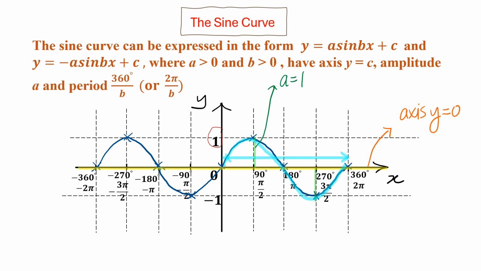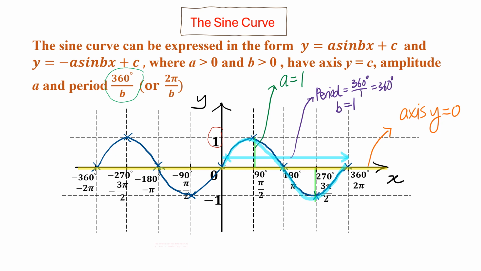Right, and we are dealing with one cycle, so it's between 0 to 360 degrees. So therefore the period is 360 degrees divided by 1. To get 360, you must divide by 1, because I'm using this formula. So that means I need my b to be 1, right?